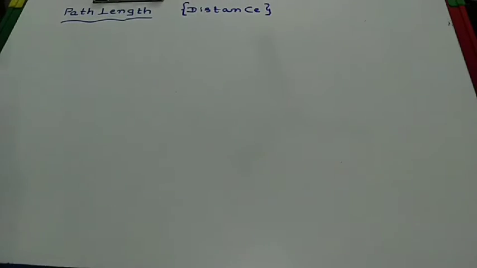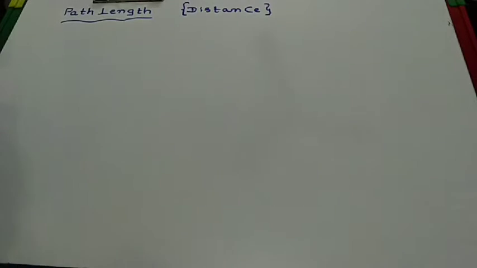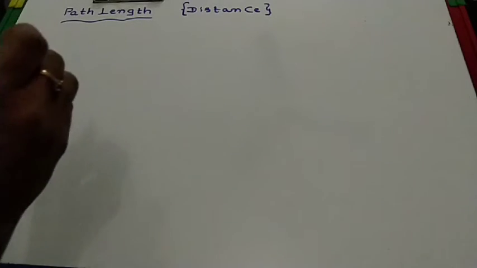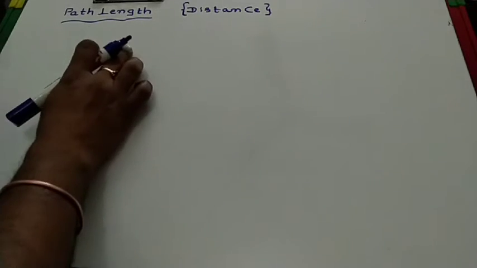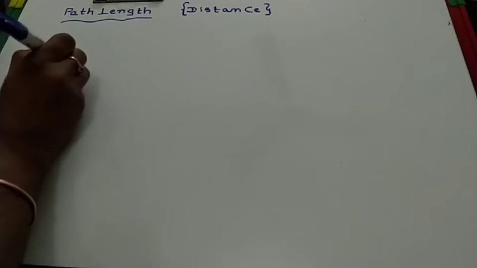Once again, today our concept is path length. The path length we also call distance. Now I would like to give an example about path length in the form of a numerical, then we can easily understand.